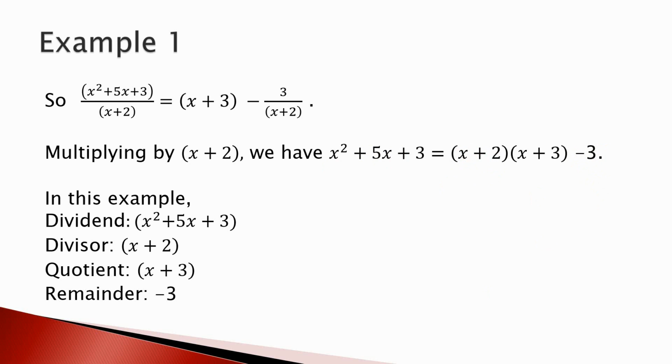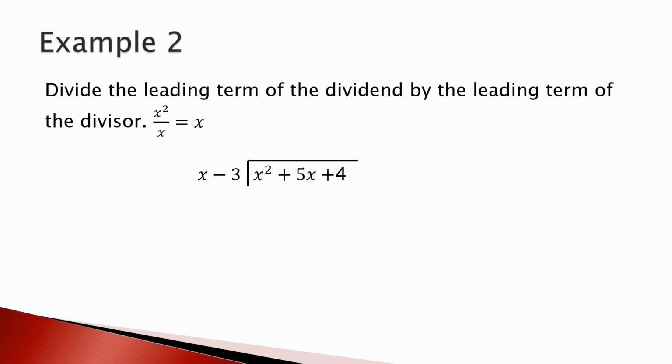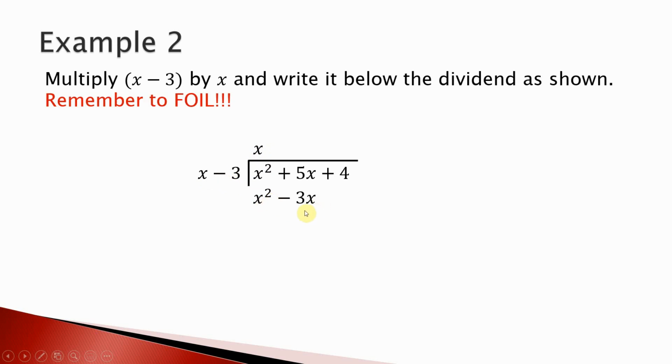So example 2. Again you divide x squared by x, then you get x, write it, then multiply, you get x squared minus 3x, write it here, then subtract, this will cancel, this will become positive, then you get 5x plus 3x, it will be 8x, because when you subtract a negative quantity, it becomes positive.